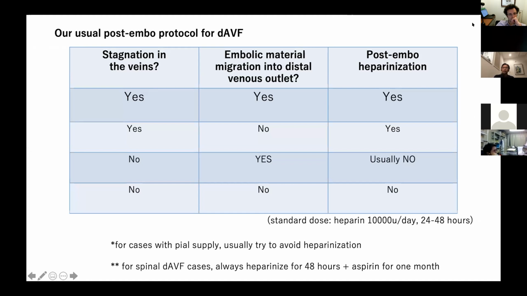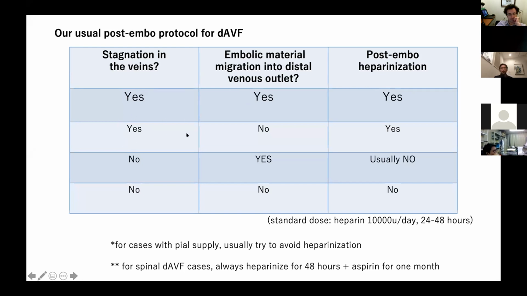So I just made up this table this morning just to summarize what we usually do for our cases. So this is like our post-embol protocol for the dural AVMs to manage this kind of stagnation in veins. If you have some stagnation in the vein, and also you have some migration of the glue or embolic material, we would put some heparin after the procedure.